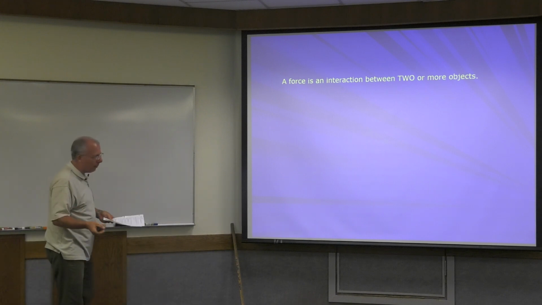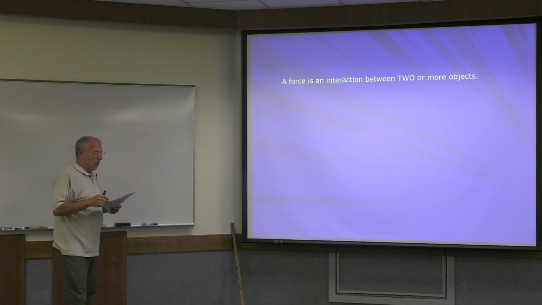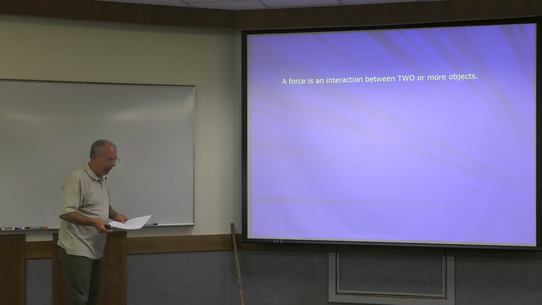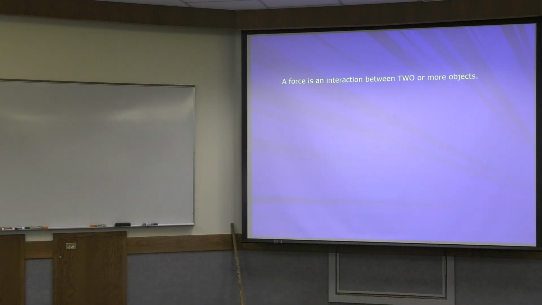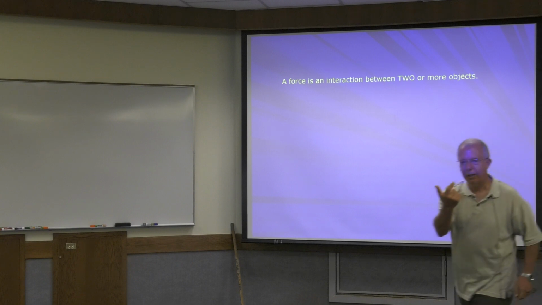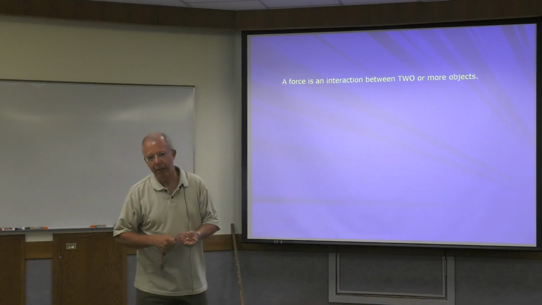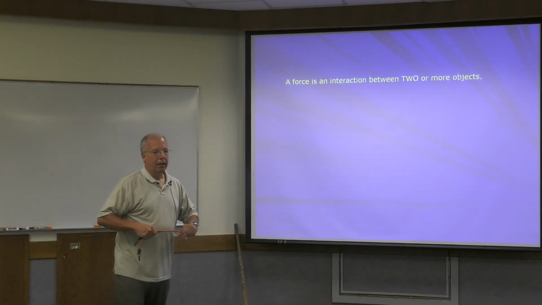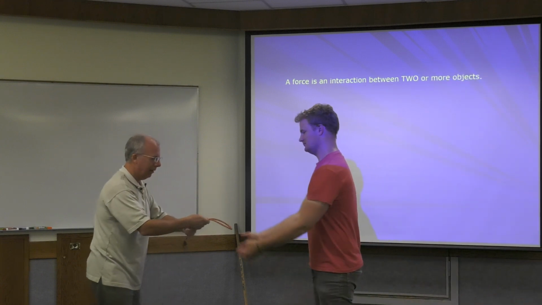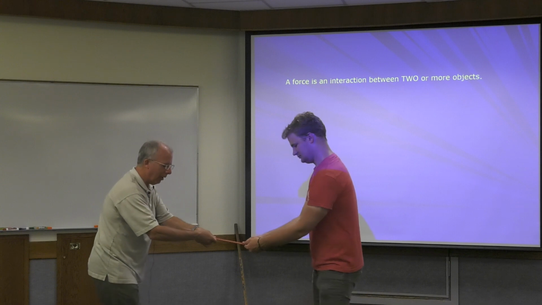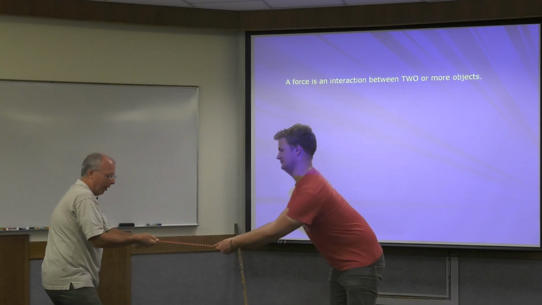So what we're concerned about is what is exerting a force on an object. Okay, so let's do that. Let's do a little demonstration. All right, so let's say Sully is the object. Here's a bungee cord. So I'm pulling the bungee cord.